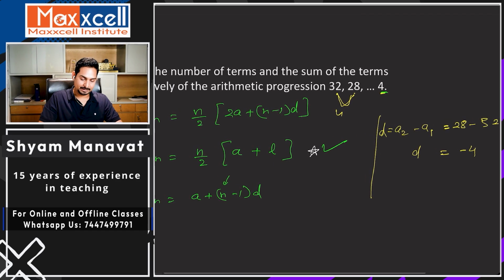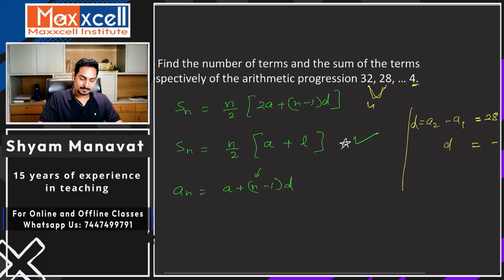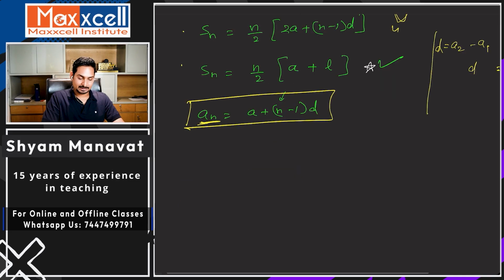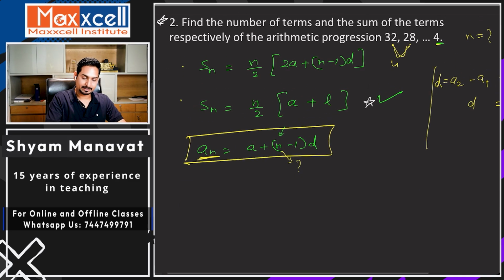ठीक है। ये क्यों चाहिए? ताकि हम n का value निकाल सकें using this formula. So let's apply this formula to find the value of n, because n हमें पता नहीं, n is question mark, number of terms I don't know, question में नहीं दिया हुआ है. Without number of terms I can't apply either one of these formulas.